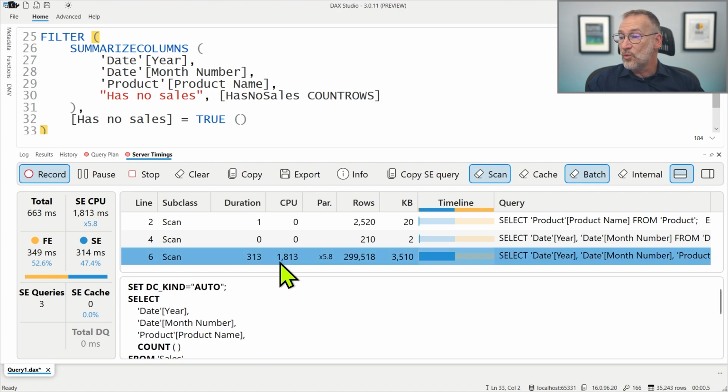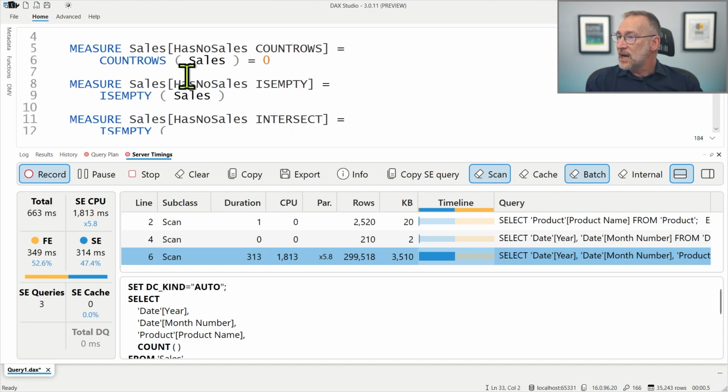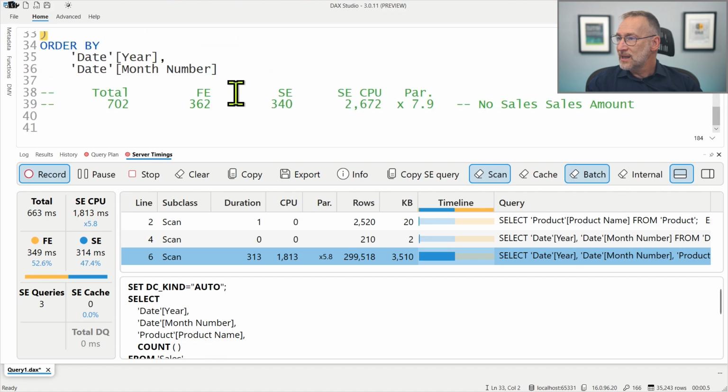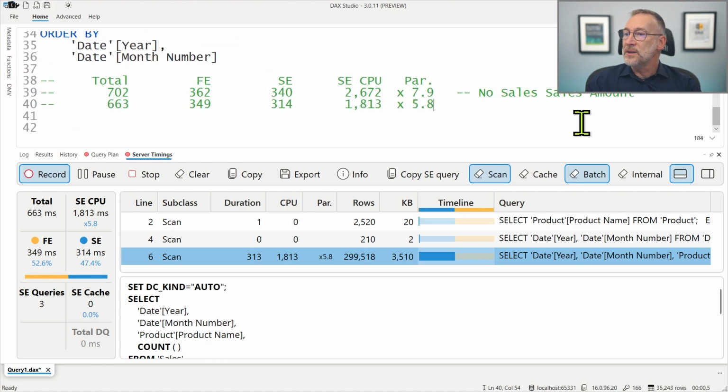Indeed, you see, it takes 1.8 seconds of storage engine CPU rather than the 2.6 seconds that it was using earlier. The difference is quite important because it does not need to scan either quantity or net price, so it's going to be faster. And so far, it is our best choice. As we did before, we just save the numbers with Ctrl F9, and this is no sales with count rows.